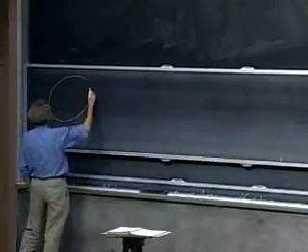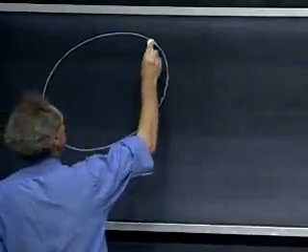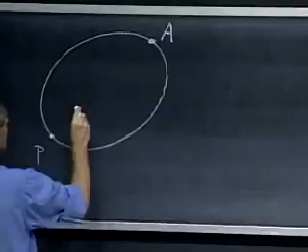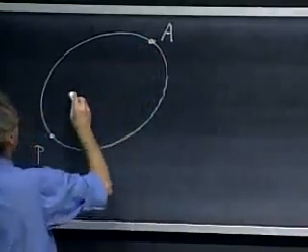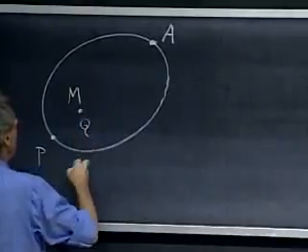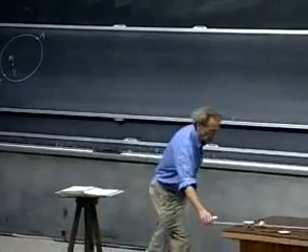So here is an ellipse. Here is P and here is A. If this is an ellipse around the Earth, then this would be perigee and this would be apogee. The mass is capital M. This is point Q. Let me get a ruler so that I can draw some nice lines.